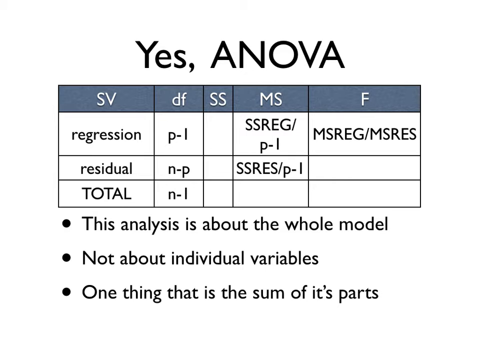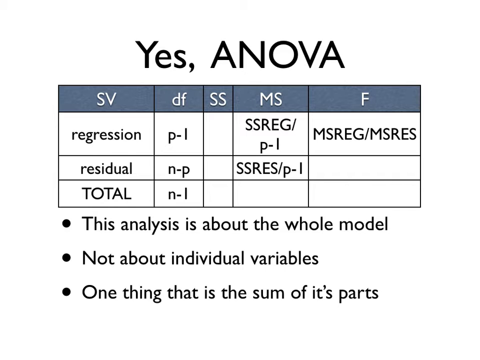It's a sum of its parts. So what it's measuring, if we have a 3 variable model, is whether the overlap of x1, x2, x3 is significant.